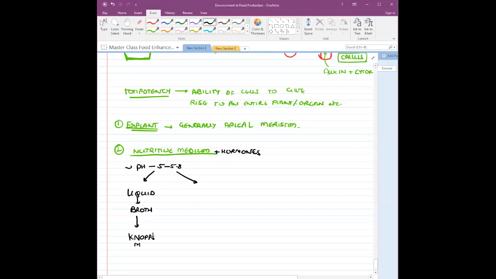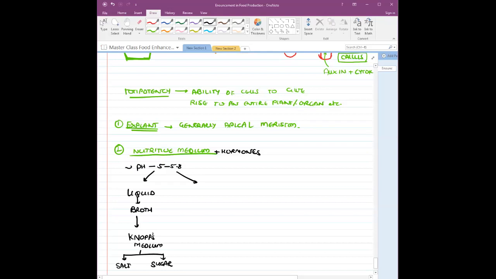Generally, when we talk about Knop's medium, the main important components are salt, and an excess of sugar. So that is going to be one type of your medium.